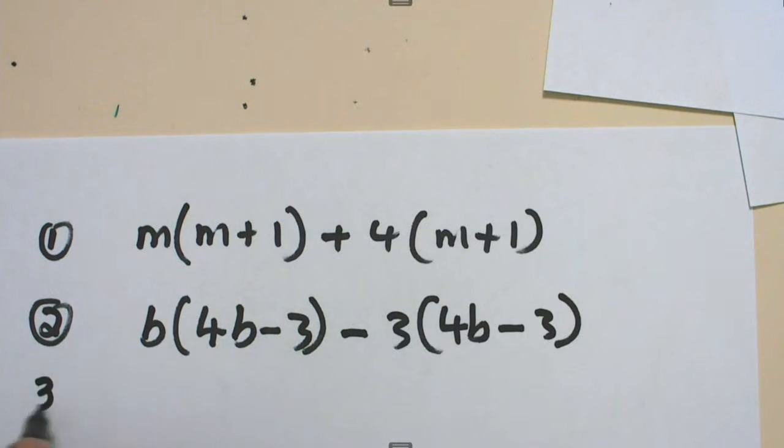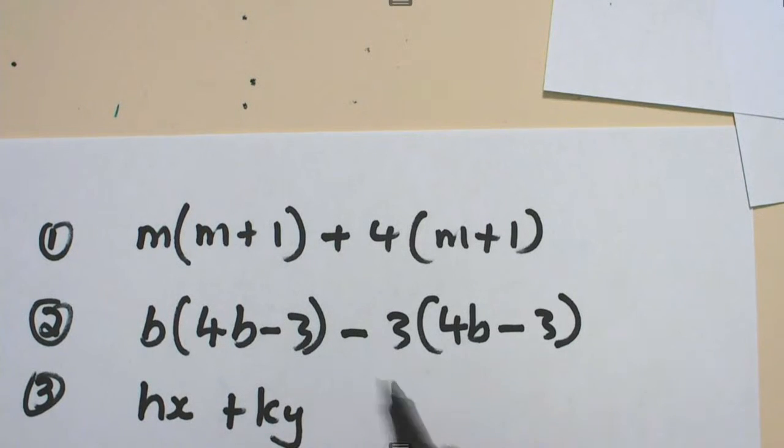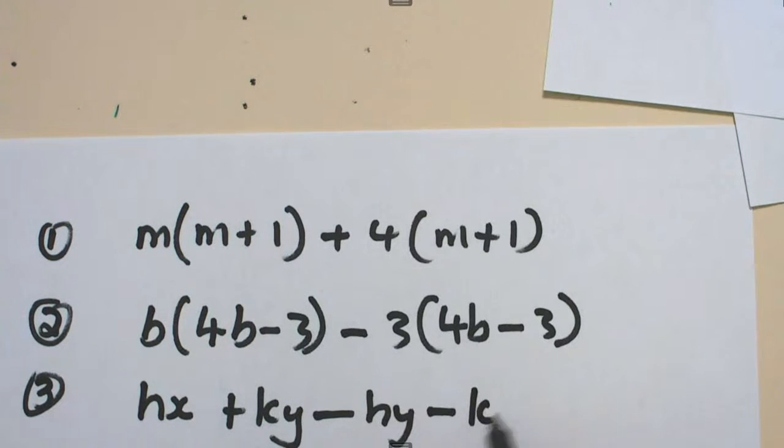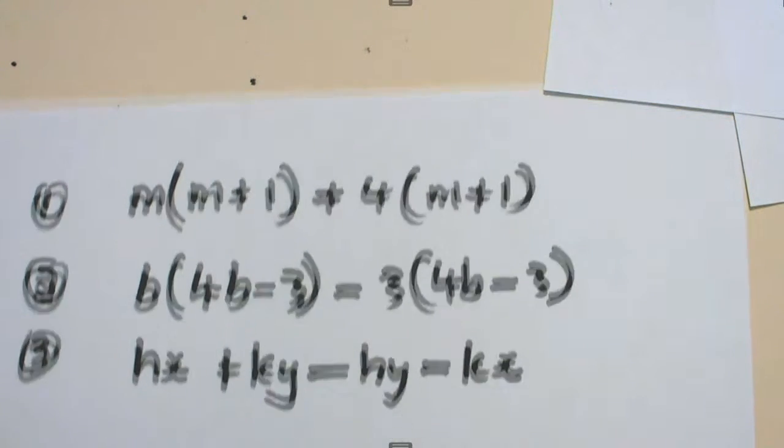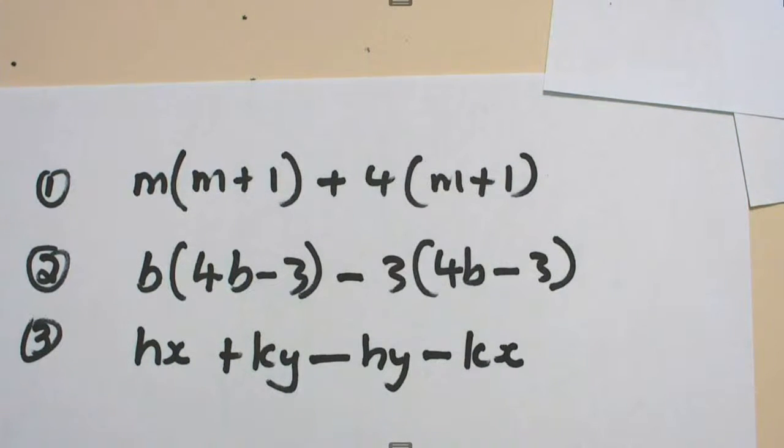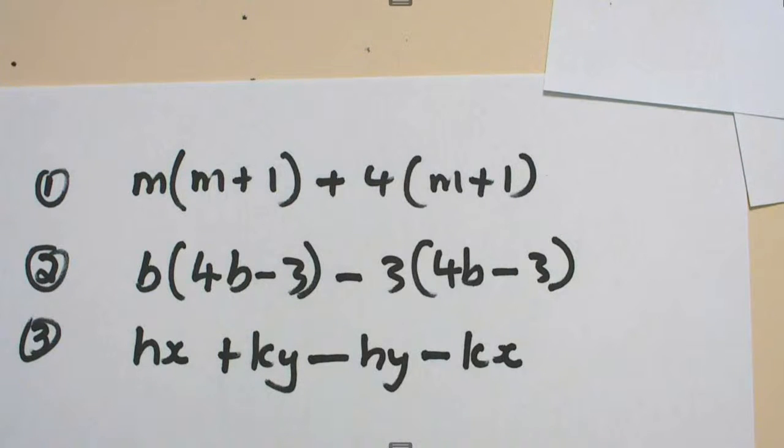The third one is a challenging one. I want to see whether you can do it. It's hx plus ky minus hy minus kx. If you can do these 3 at home to complete taking out the common factor, then you're going to be fine with me. So I think you'll be clear enough before you write an examination, a test this year, about taking out your common factor.